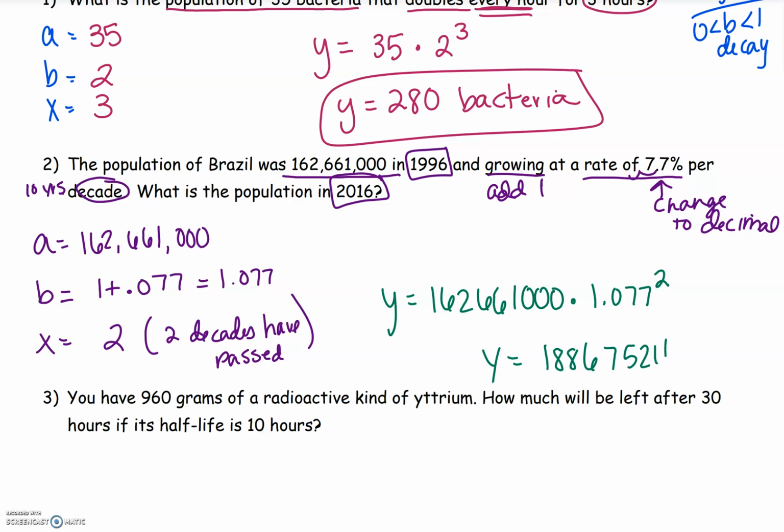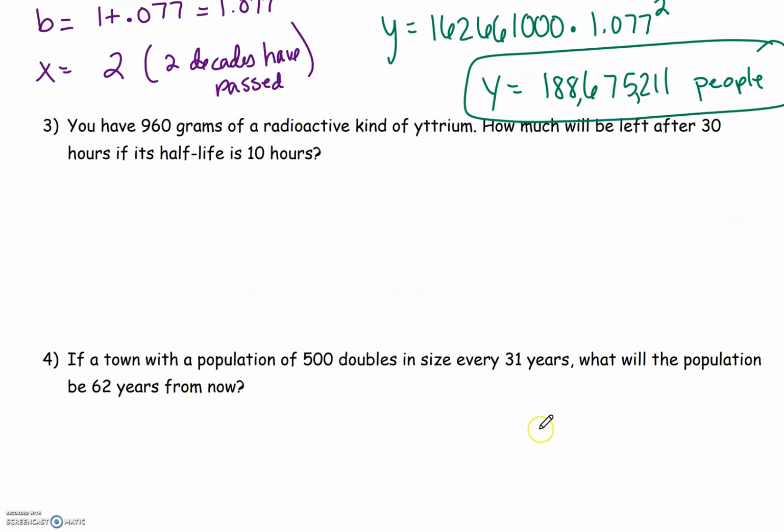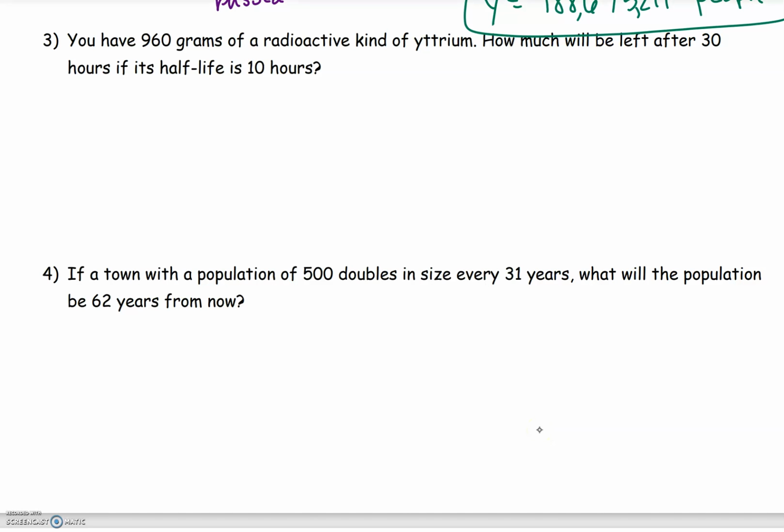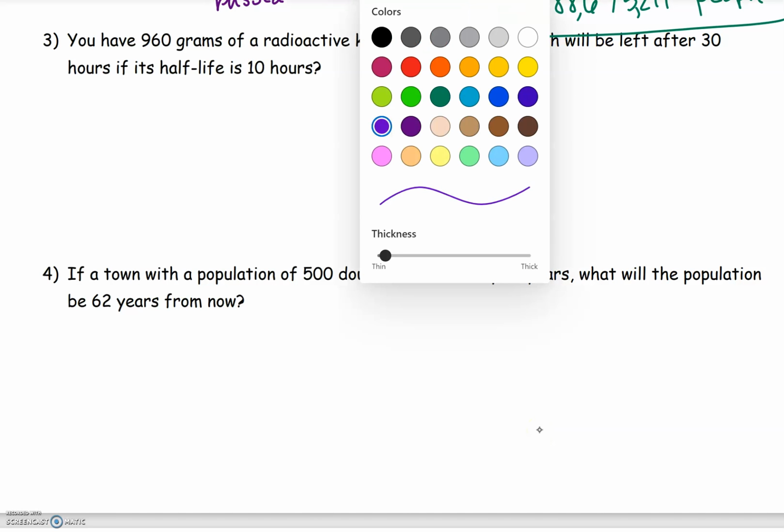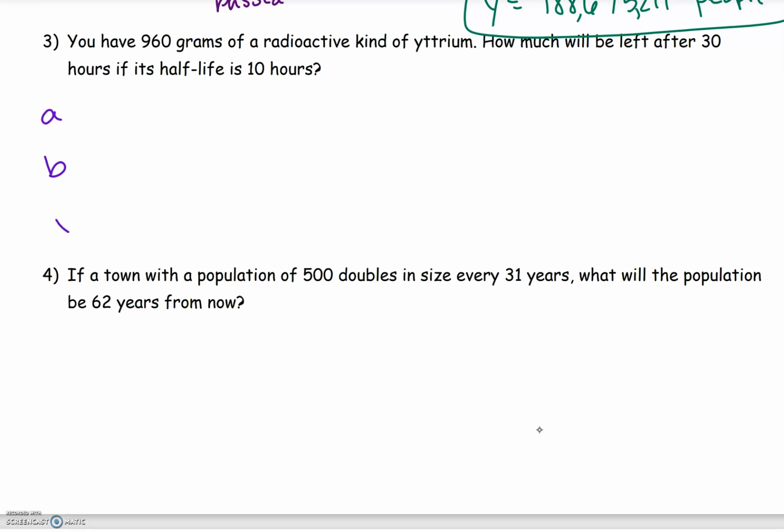And make sure that you try typing it into your calculator and double check that you got 188,675,211 people. And there was a 0.1, but we don't put 0.1 of people. We have whole people. All right, one more together, and then I'm going to have you try number 4 on your own. A, B, and X.